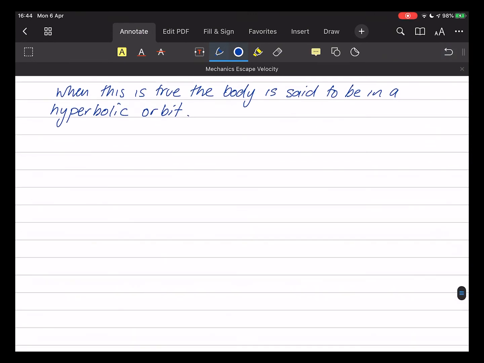So in a hyperbolic orbit, if I've got my large object here, and I've got a smaller one here, let's say it's coming in on a path like this.